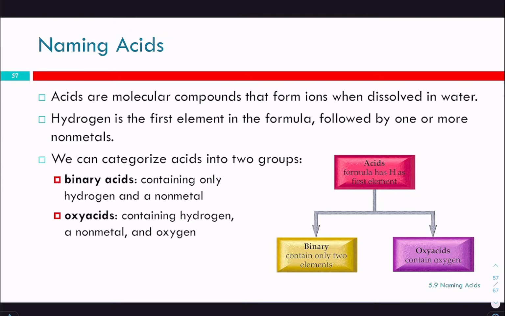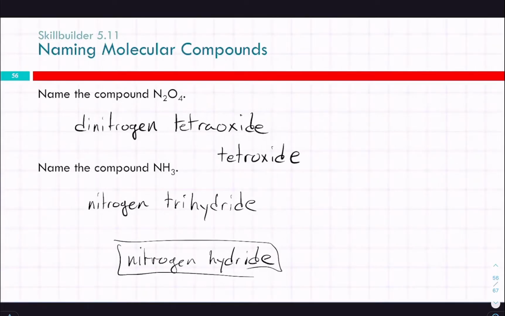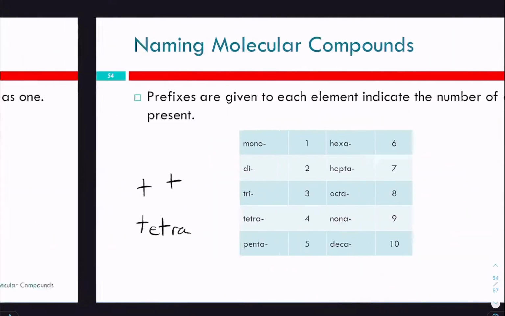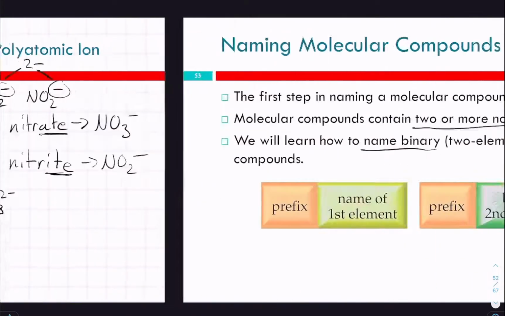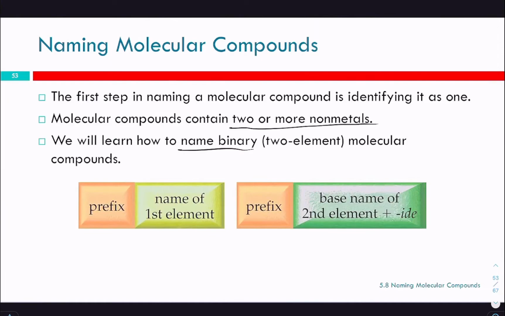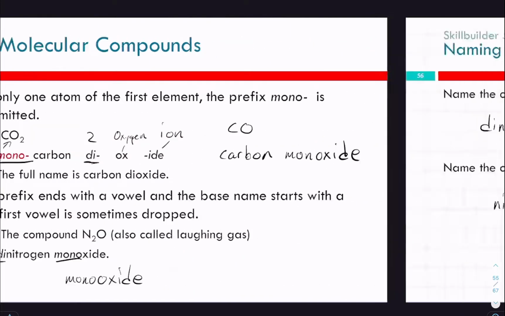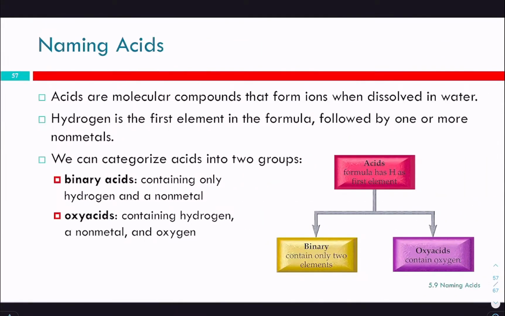So our acids now. Basically in this chapter we did 5 or 6 slides for molecular compounds, and then there were like 40 slides for ionic compounds. And we just have fewer than 10 slides here for our acids. We have 2 types of acids that we're going to learn how to name.